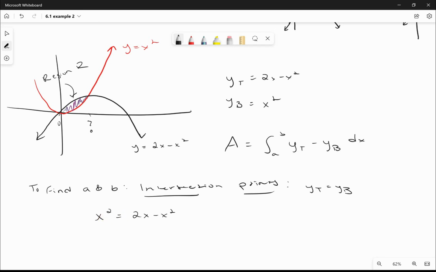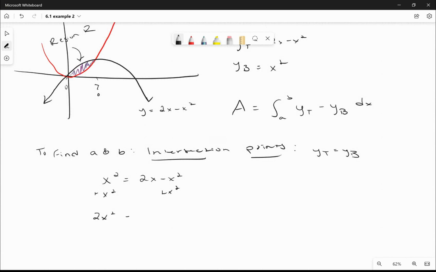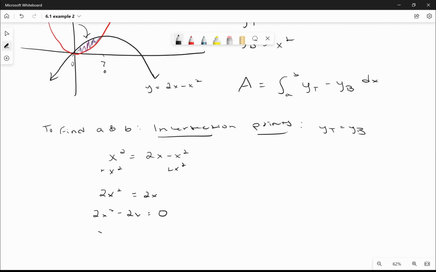There's maybe a couple of ways we could do it. Just add x squared to both sides and subtract 2x. You have 2x squared is equal to 2x. So you have 2x squared minus 2x is equal to 0. And then x squared minus x is equal to 0 when you divide everything by 2. So you have x times x minus 1 is equal to 0.